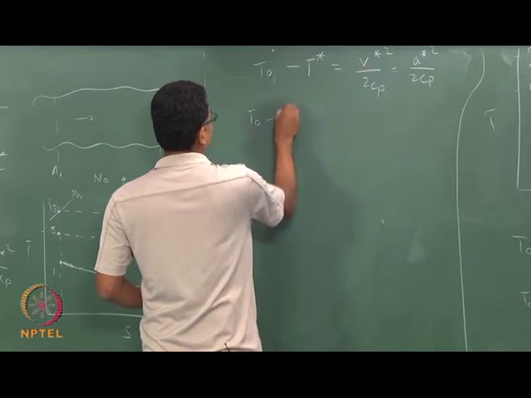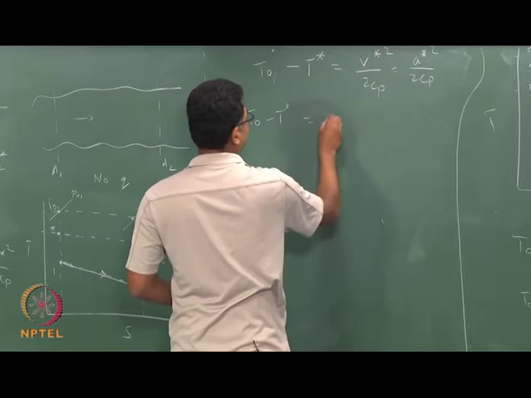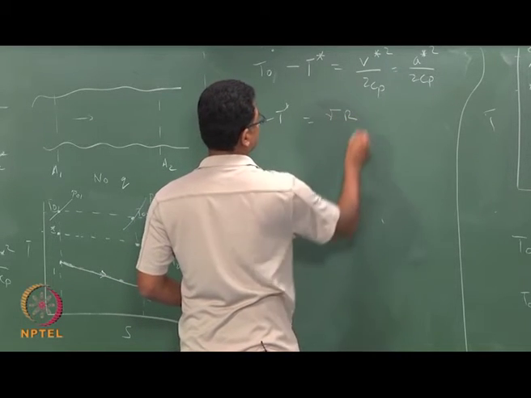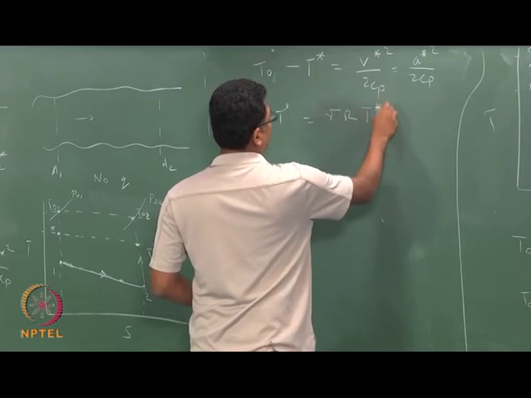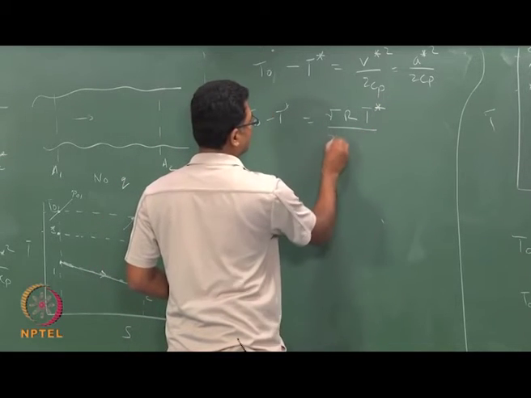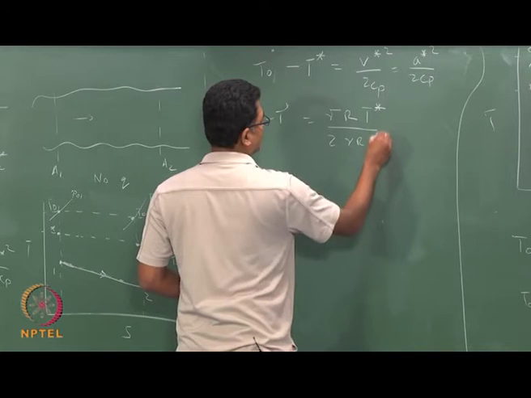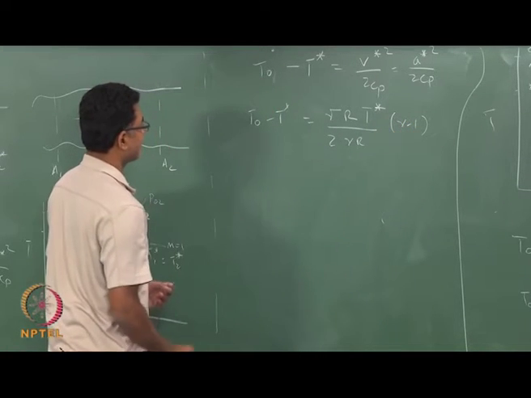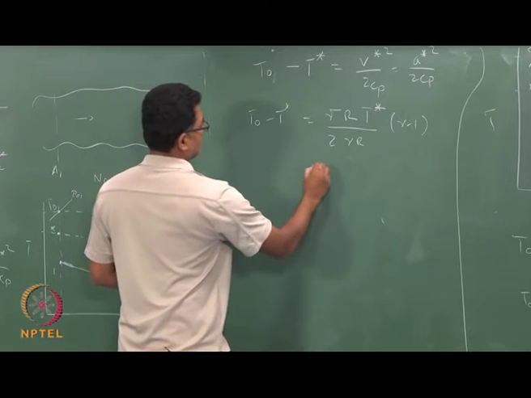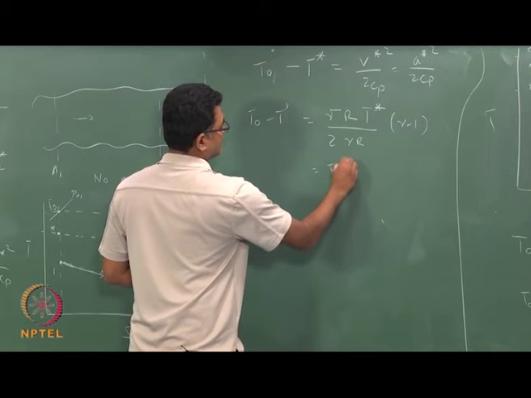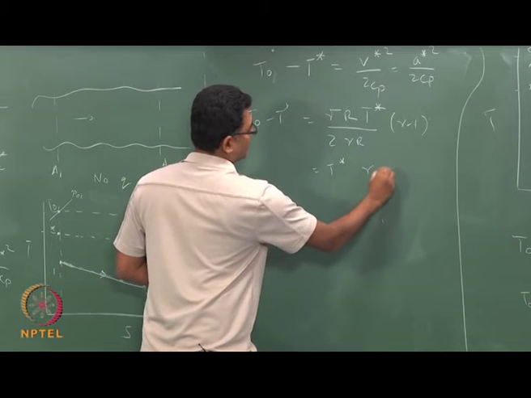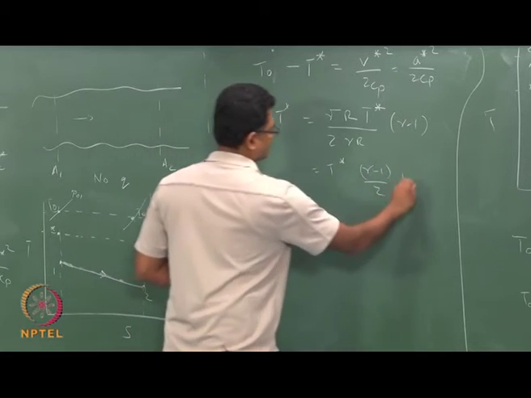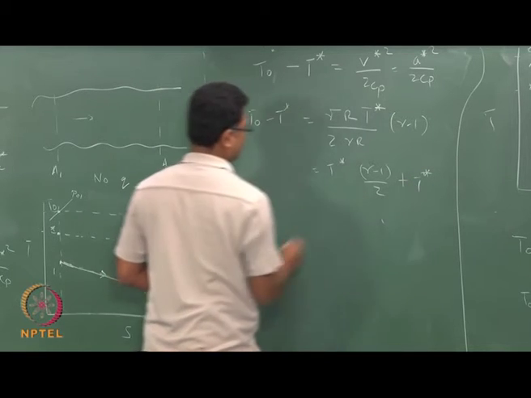So, T0 minus T star, I can replace that with gamma R T star divided by 2 Cp, which is nothing but T star into gamma minus 1 by 2.